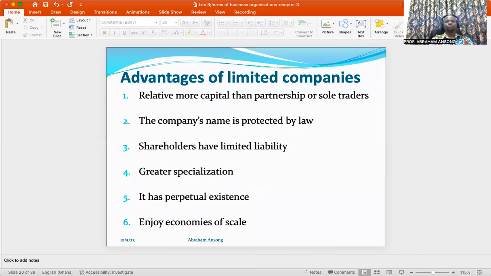So financial institutions tend to be more confident about the operations of these companies. Three is the fact that they have perpetual existence. So unlike partnership or sole proprietorship, where you'd be scared that the owners could die, in a company there is perpetuity. So investors and financial institutions are not scared to loan them money.